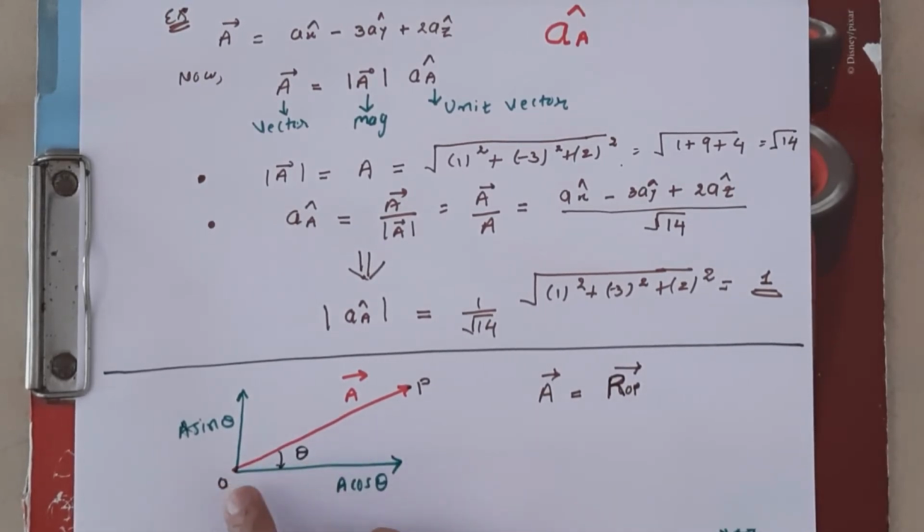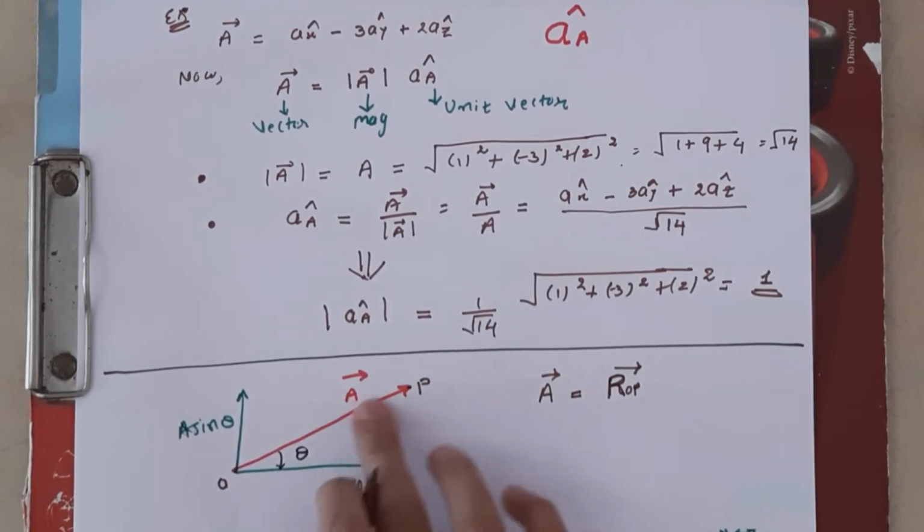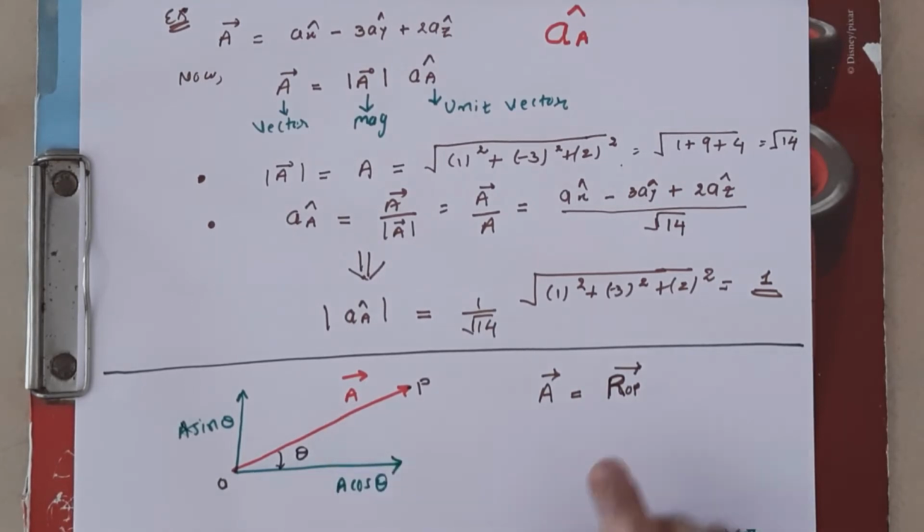You may give any name, X, Y, Z. It's not compulsory to give capital A or capital B. The generalized name is the R_OP vector.